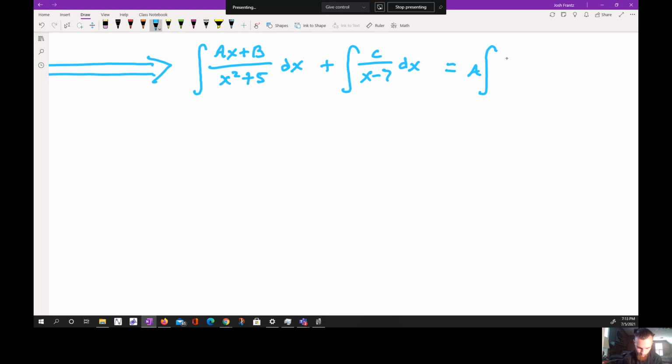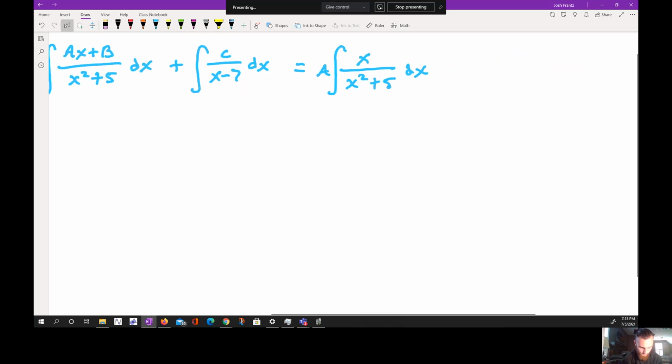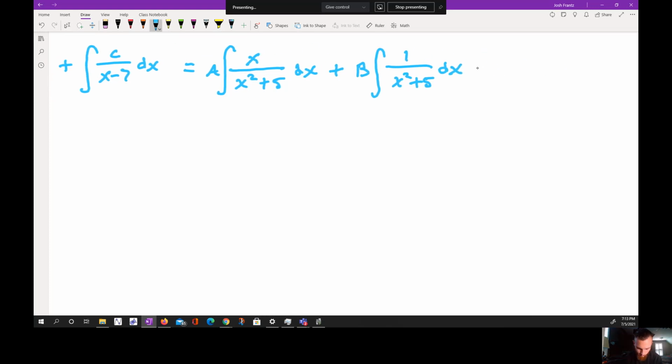And I'll say a times the integral of x over x squared plus 5 dx, plus b times the integral of 1 over x squared plus 5 dx, and plus c times the integral of 1 over x minus 7 dx.